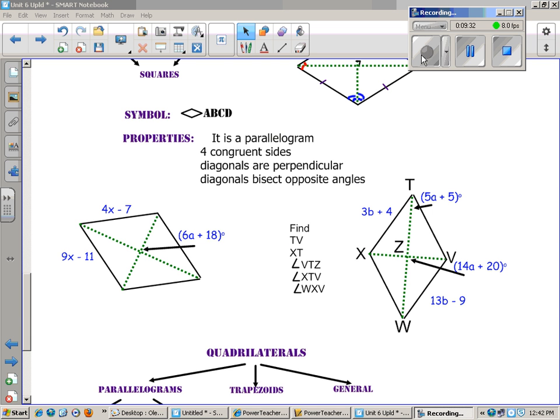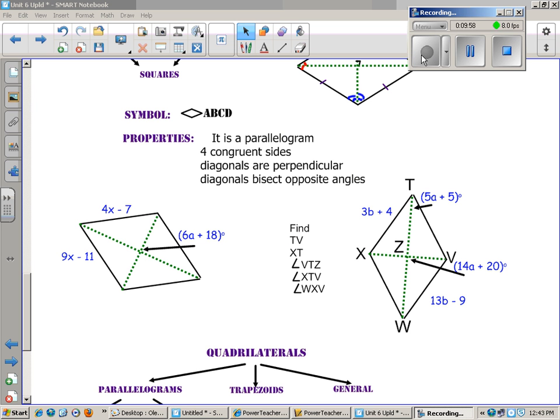All right, so is there a way we can solve for a? Anybody have an idea how we could find what a equals? We're having a little trouble with the vocabulary.